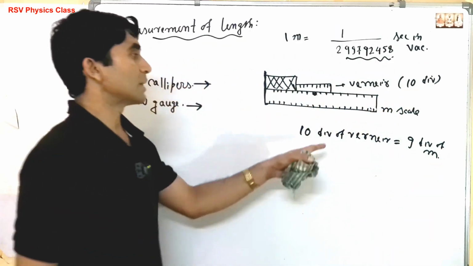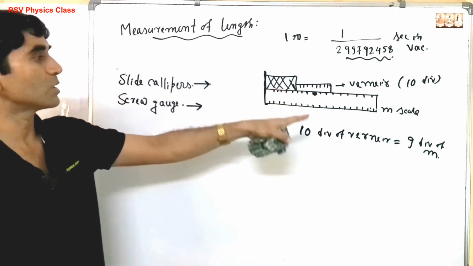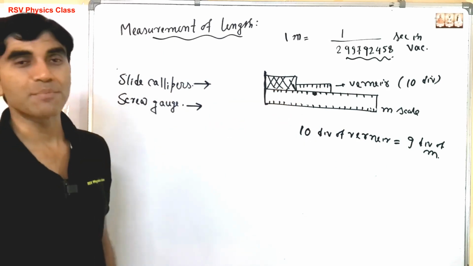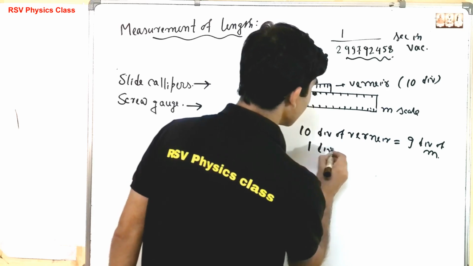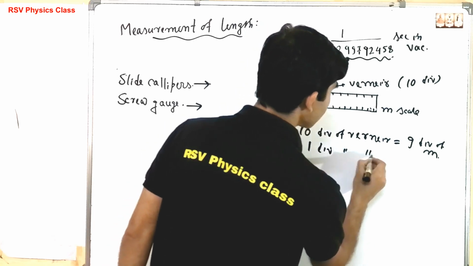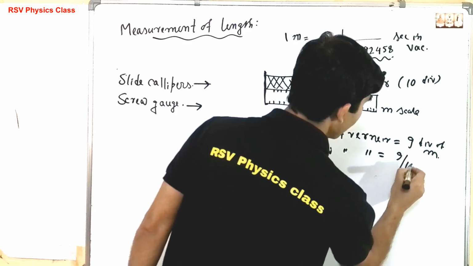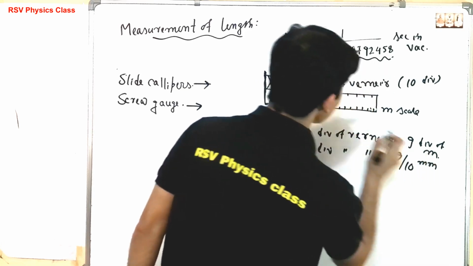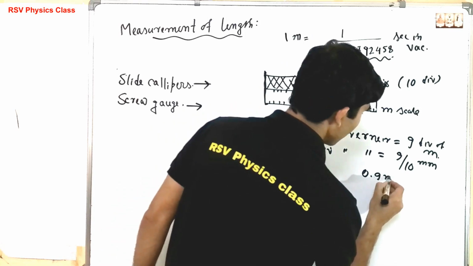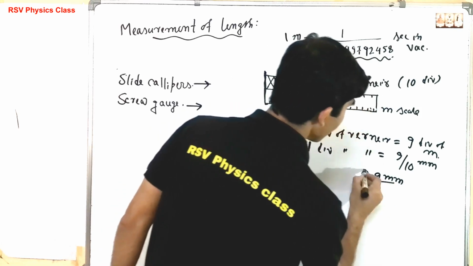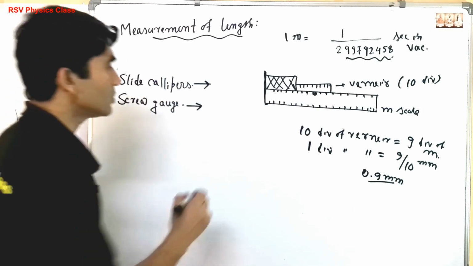So 9 small divisions means 9 mm. Okay, so 1 division of vernier scale equals 9 over 10 mm. So 1 division in your vernier scale is 0.9 mm. Okay, so what is the least count?